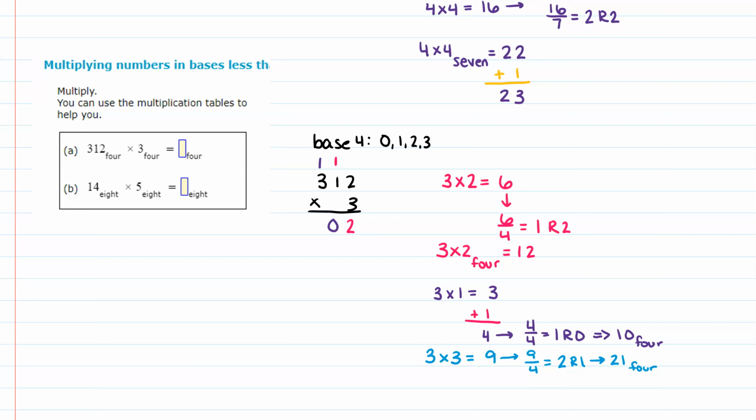But now I had that 1 upstairs to add, so I'm going to plus the 1, and that's going to give me 2, 2 in base 4. So the 2 goes downstairs and then the 2 goes upstairs. But now there's nothing to multiply 3 by, so this guy is just going to come down. So if I multiply 3, 1, 2 times 3 in base 4, I get 2202.